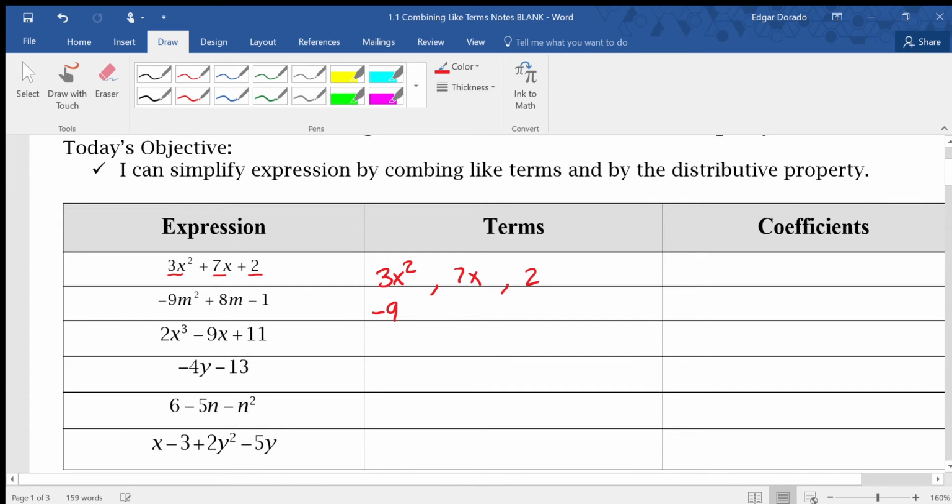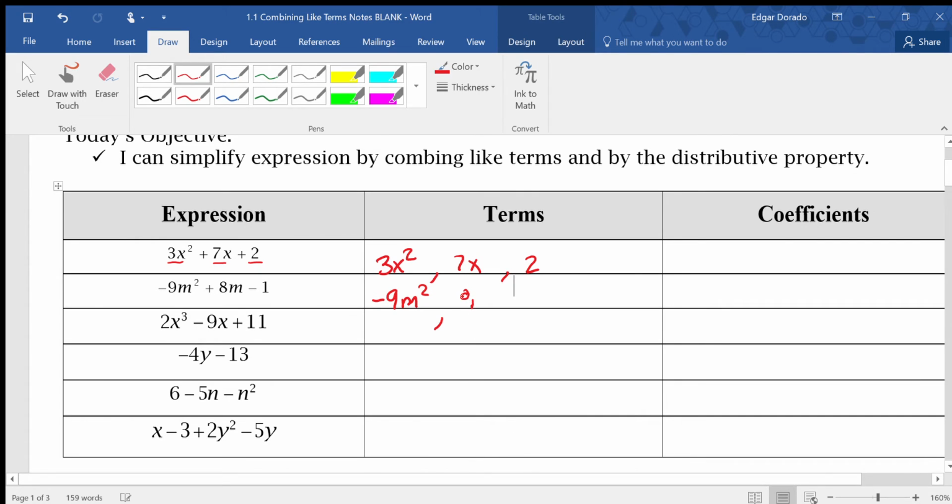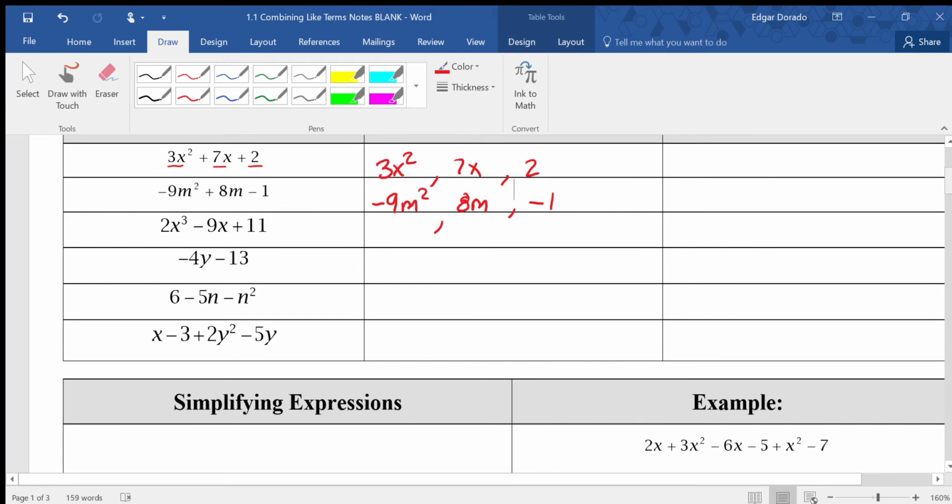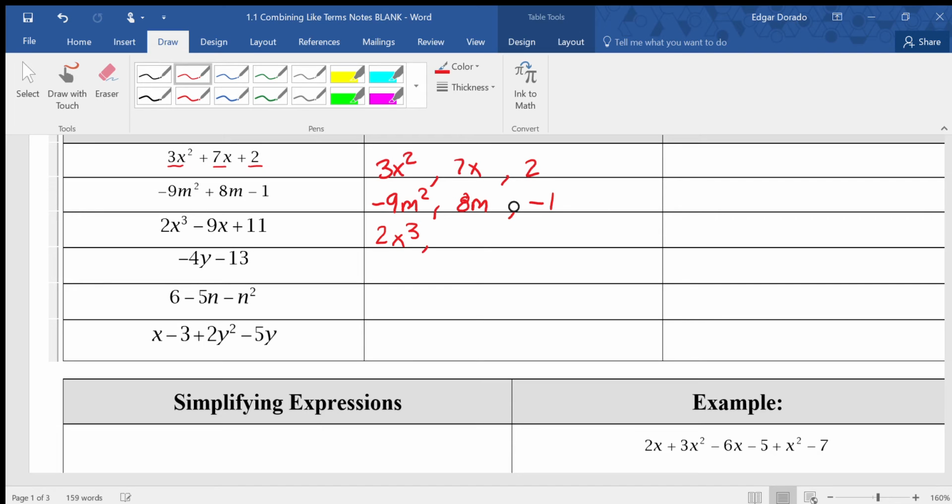So we have negative 9m squared, comma, whoops, sorry about that. Still getting used to this pen mechanism. So that's 8m, comma, negative 1. Okay, let's keep going. So let me actually move this comma over here. All right, so we have 2x to the third, comma, negative 9x, comma, positive 11.